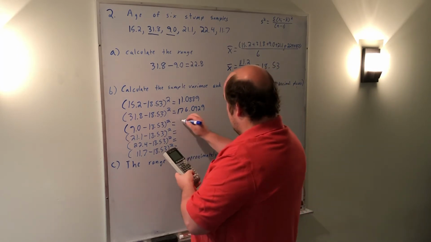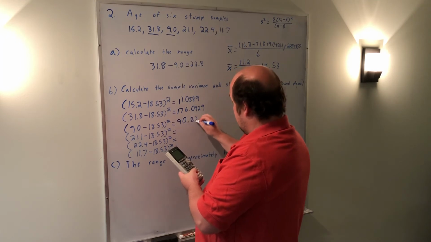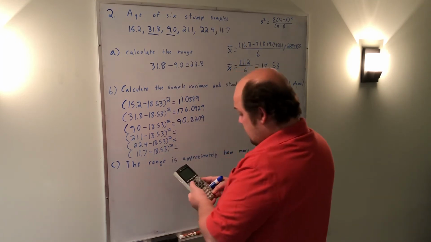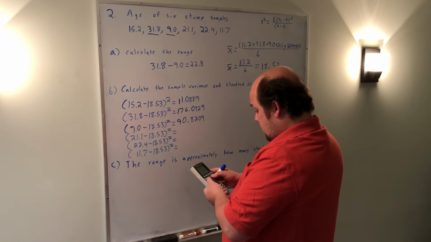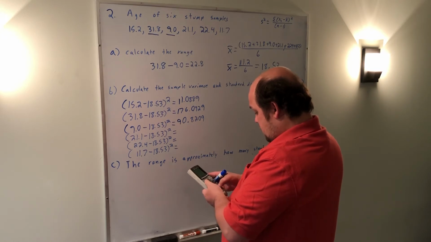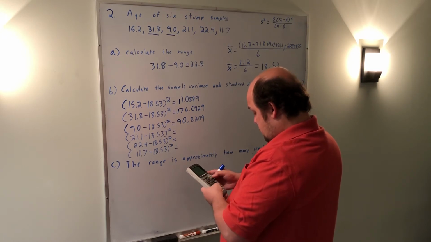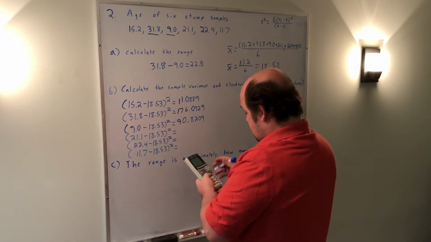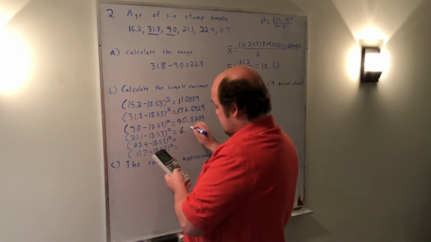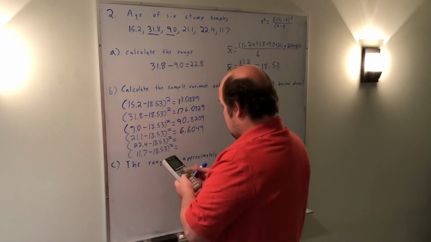When I do it for 9.0, I get 90.8209. When I do it for 21.1, I get 6.6049.